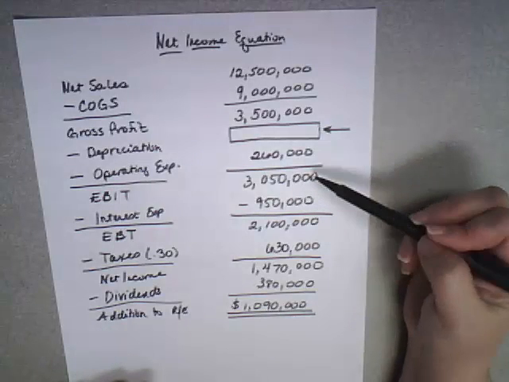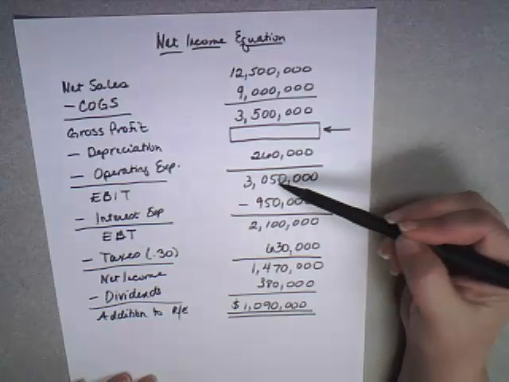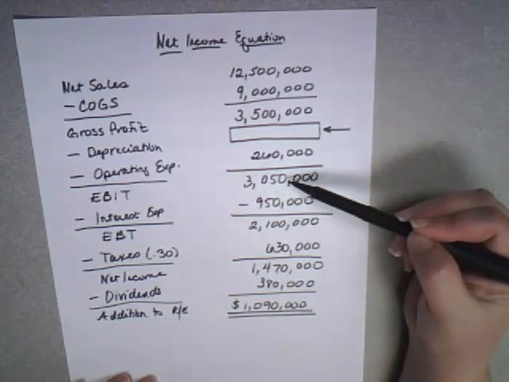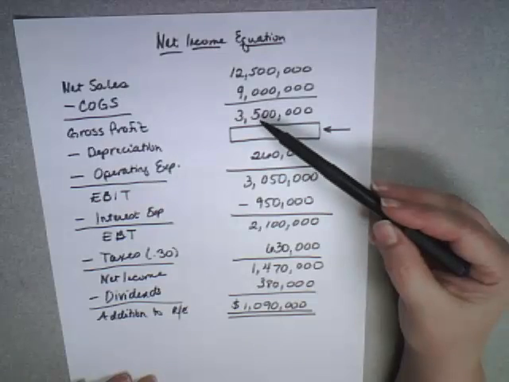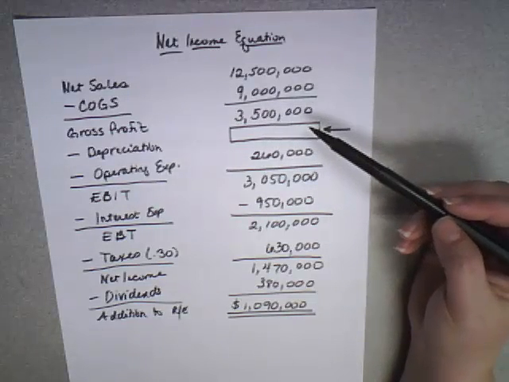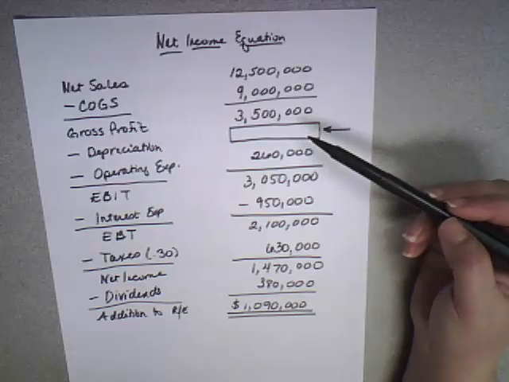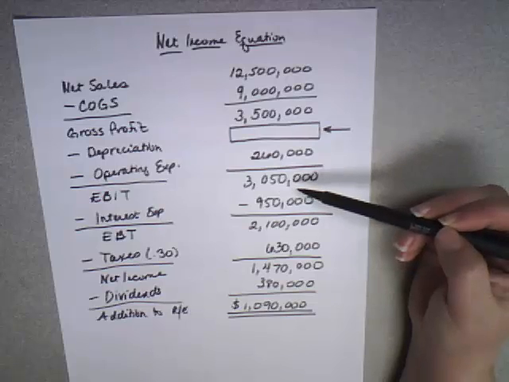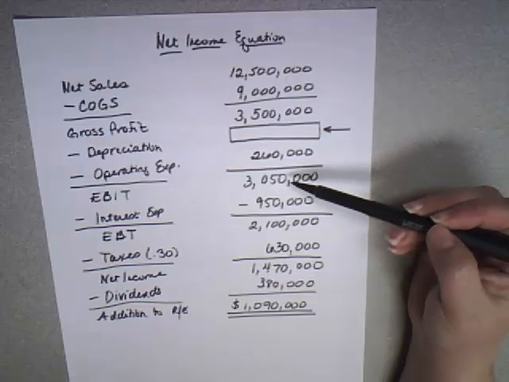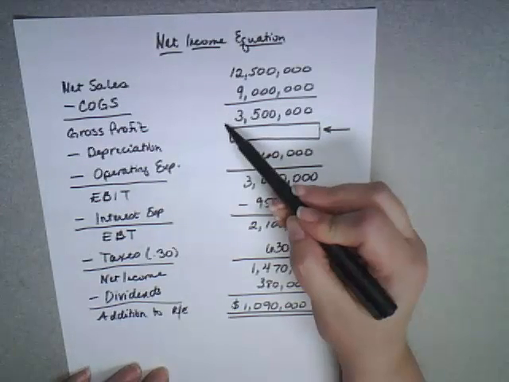And then we've got a situation here where we know the earnings before interest and taxes were $3,050,000, and we know our gross profit is $3,500,000. So let's take our gross profit, $3,500,000. We're going to subtract $3,050,000, which is going to give us $450,000, which is the value of these two things.